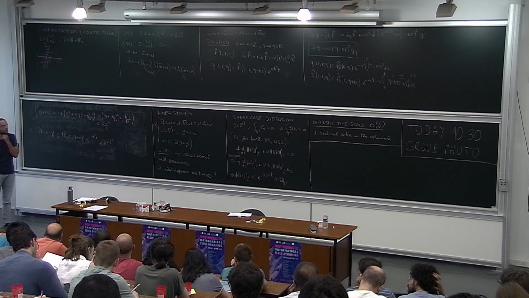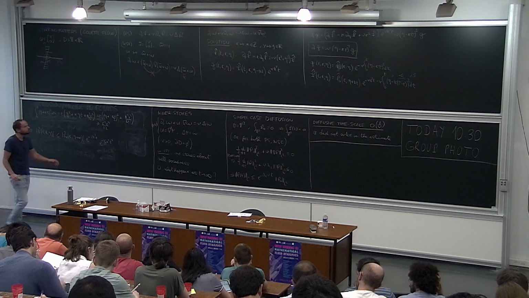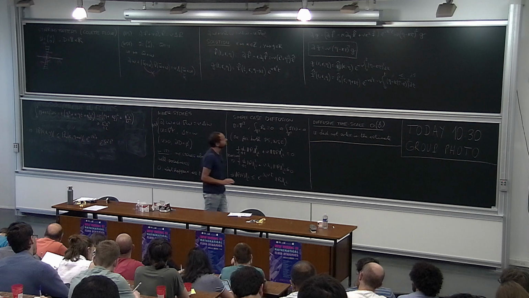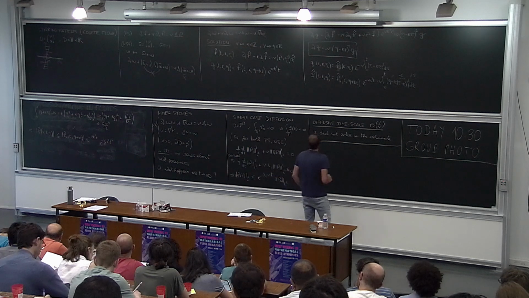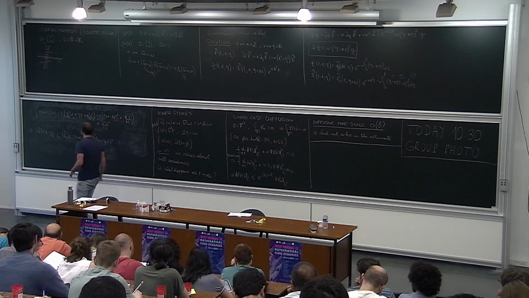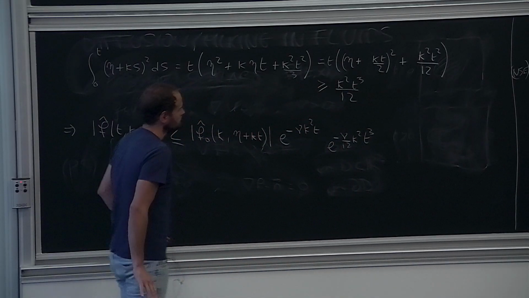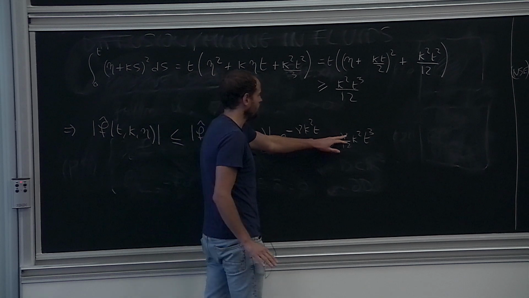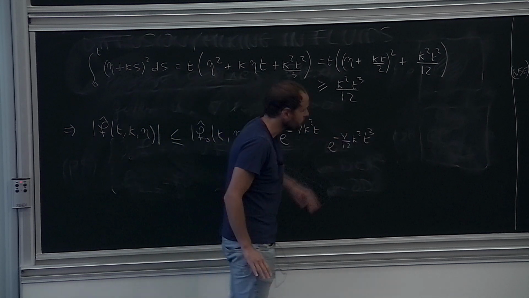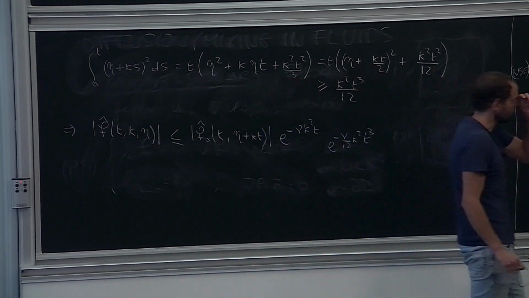I'm just putting this bound right there. So this is way faster decay than the diffusion. This is nu t, well, here we have nu t cubed.